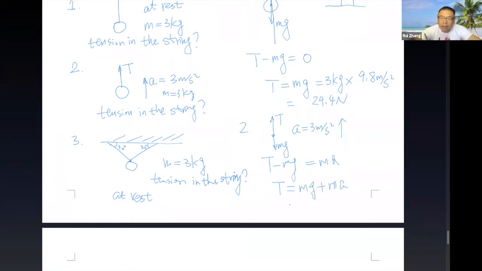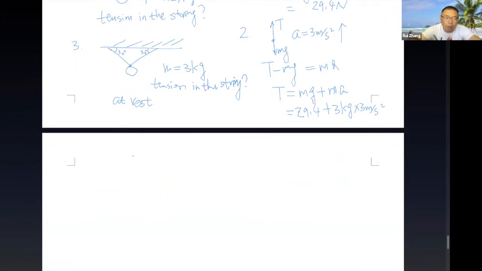That is 29.4 from the previous case plus 3 kilograms times 3 meters per second squared, which gives you 9. So 29.4 plus 9 is 38.4 Newton. If you got 38.4 Newton, it's correct.